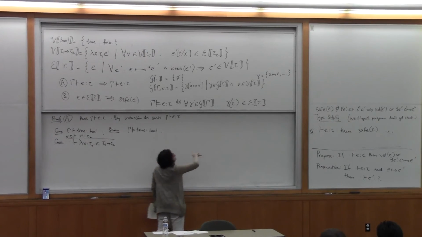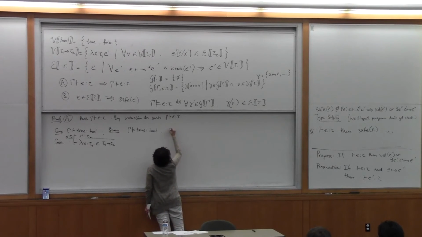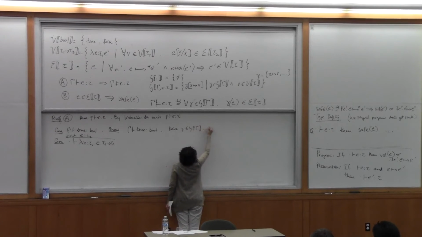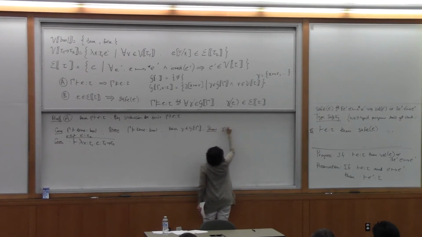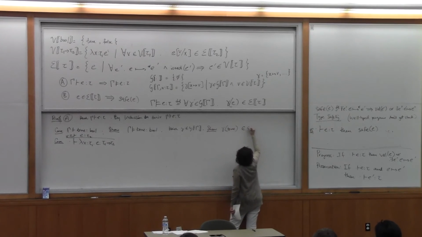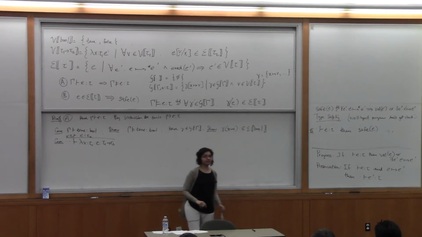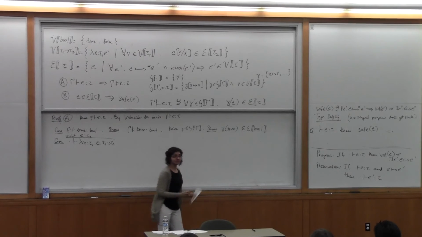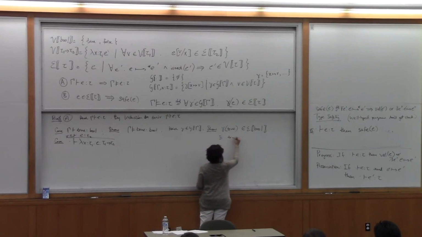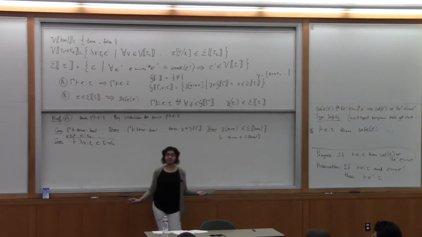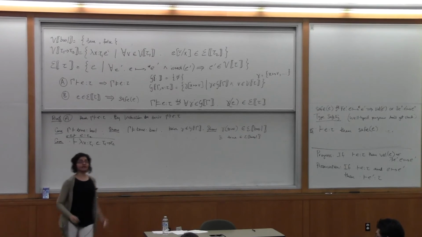I'm spelling out really trivial things, but it's good to see the definitions unwound at least once. Any substitution applied to true is just true, which is equivalent to showing that true is an E of bool. And we already did that a minute ago as an exercise. All right, so let's do the lambda case now.